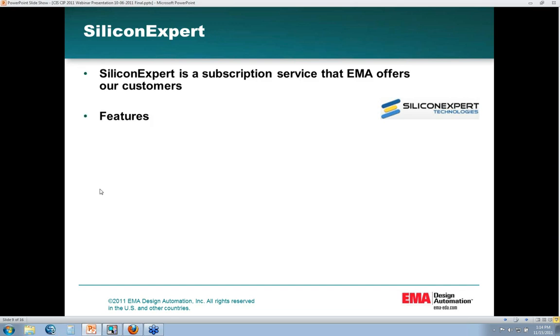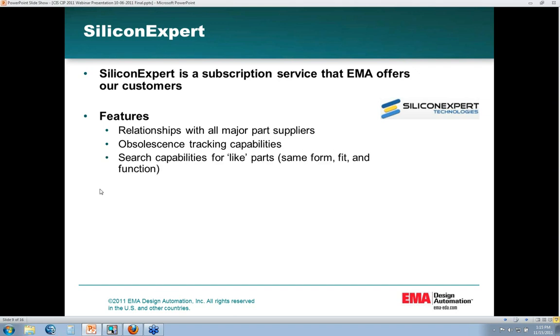Silicon Expert actually has relationships with a vast majority of those part manufacturers. So companies can track when a part goes obsolete, and also eliminate respins caused by part obsolescence, and get insight into life cycle information, PCN notifications, and searching for like parts. So it's pretty powerful as a subscription service.